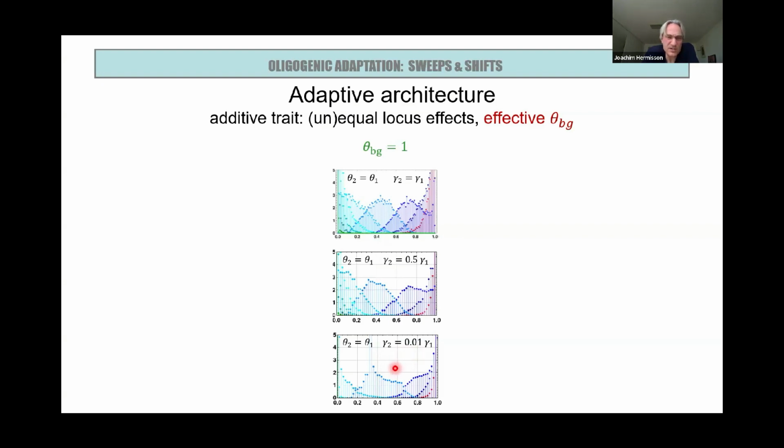And this is intuitively, of course, because the job needs to be done by fewer loci, the ones with a larger mutation, the ones with larger effect sizes. The others don't contribute too much. So this is a bit the same as if we do not have the same amount of adaptive material, as if we have a lower background mutation rate.